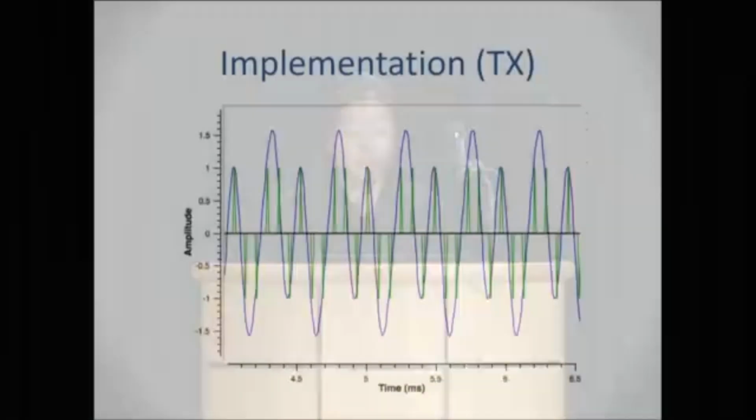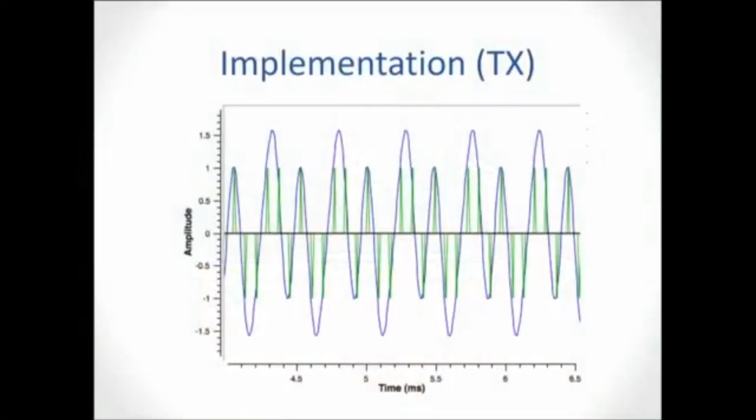So if you look at the analog waveform, it will look something like this, where you have shaped pulses representing ones and zeros, and you can multiply this with a carrier wave to generate the actual transmission signal.